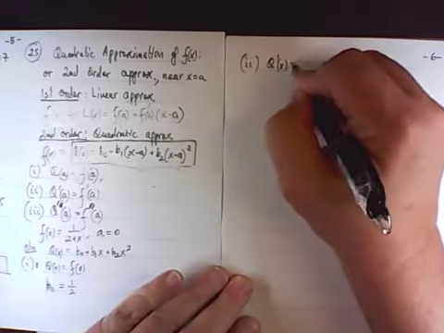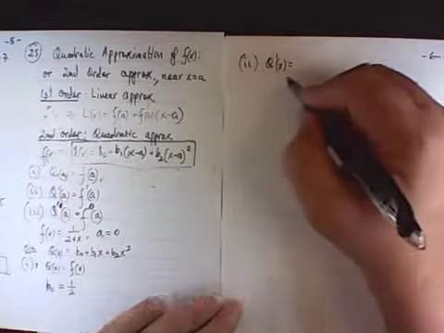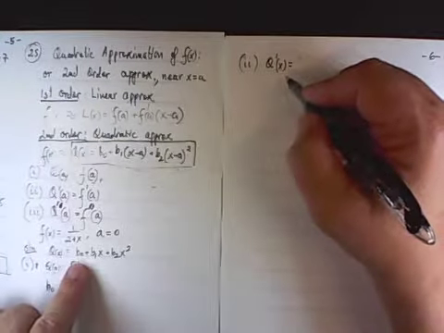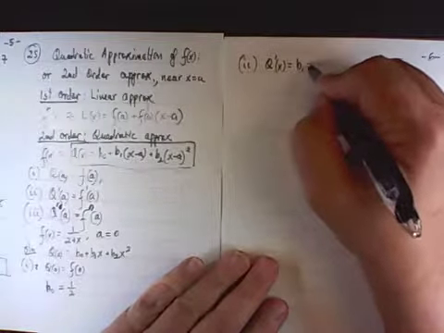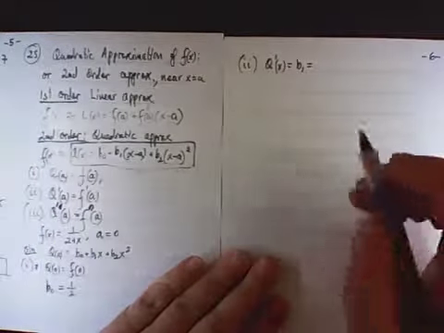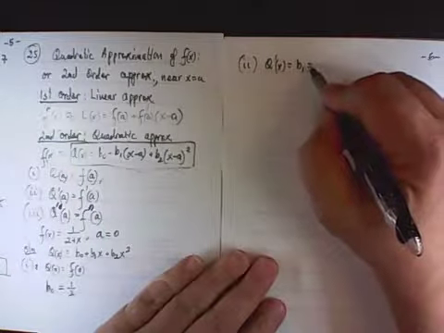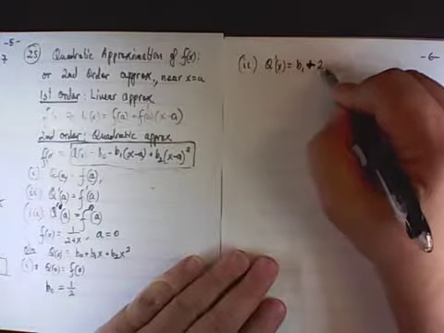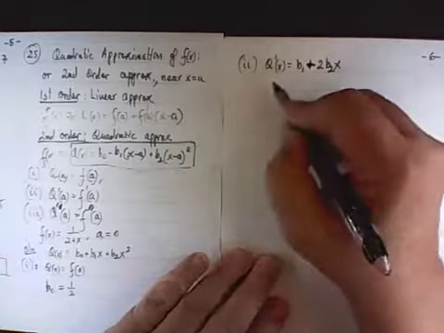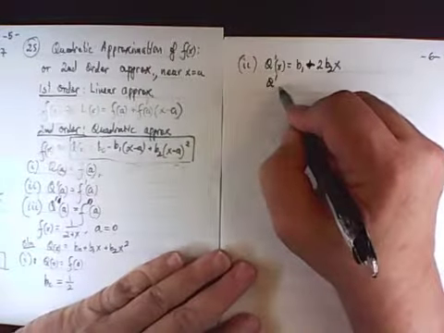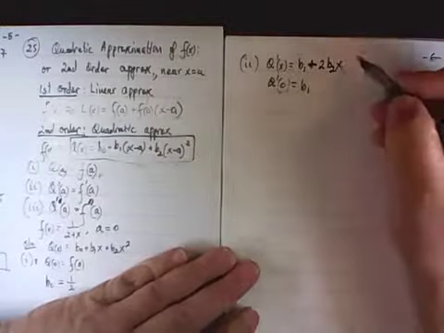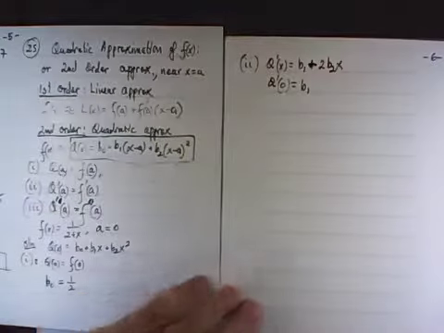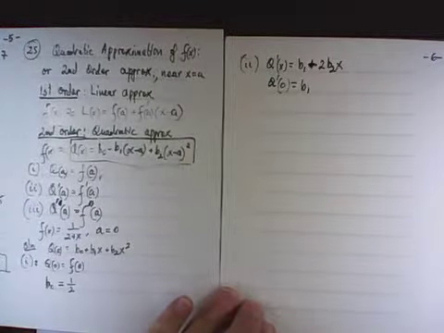Q prime of x equals the derivative of b sub 0, which is 0, plus the derivative of b1x, which is b1, plus, what we have last is 2b2x. So Q prime of 0 equals b1, that's it, because 2b2 times 0 is 0.